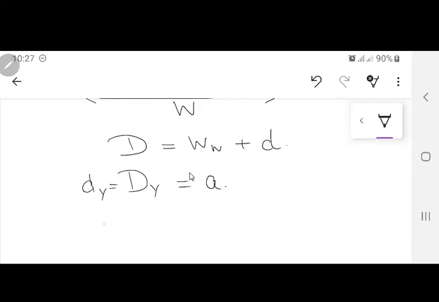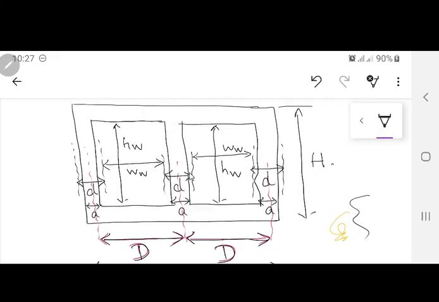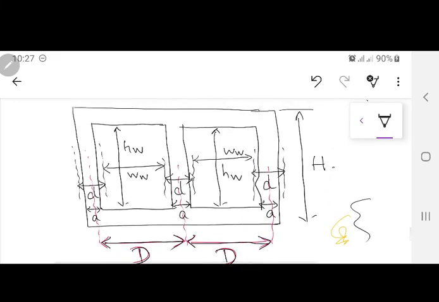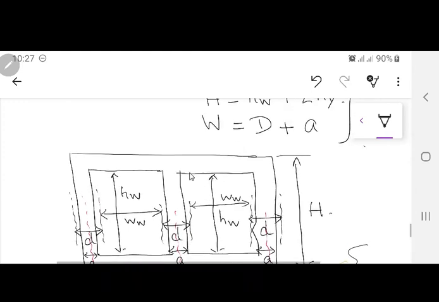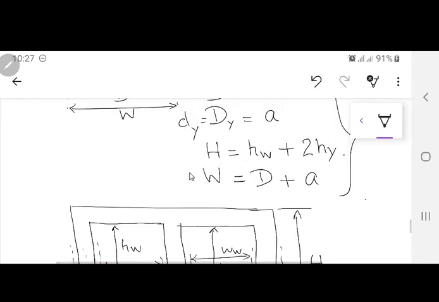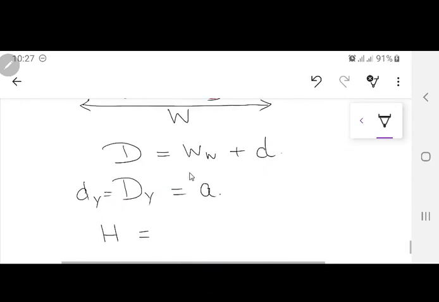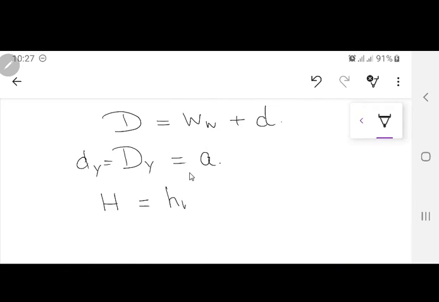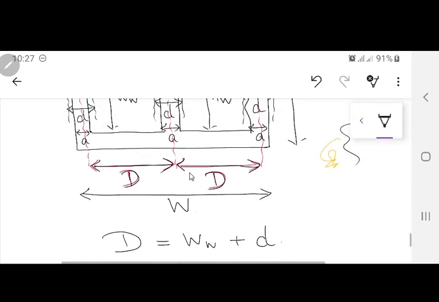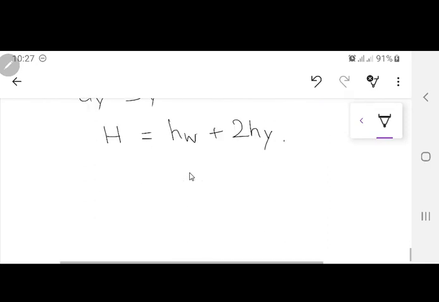Okay, and what is the height? G, what is height of the transformer equal to? Height of the transformer plus HW plus same thing. This will be the same equation just like this. So this will be equal to height of the window plus 2 times HY, and the last but very important one, W, that is the width of the transformer.